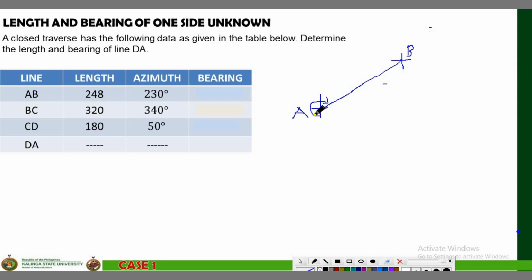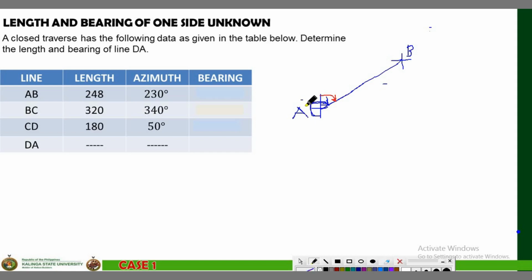This blue angle is 230 degrees. The bearing I am looking for is this one. As we said in chapter 4, a bearing is an acute angle whose reference is either the north or the south. So this red angle is our bearing. How do I solve that?